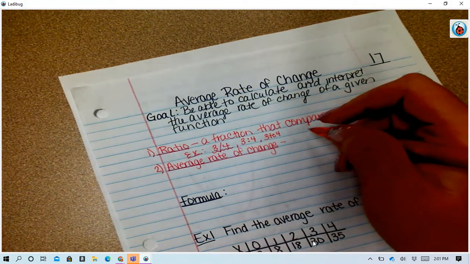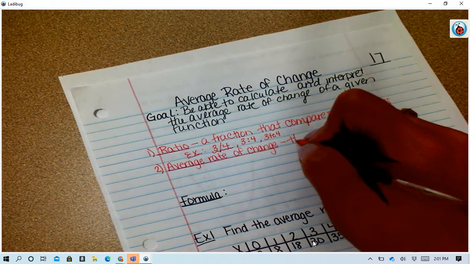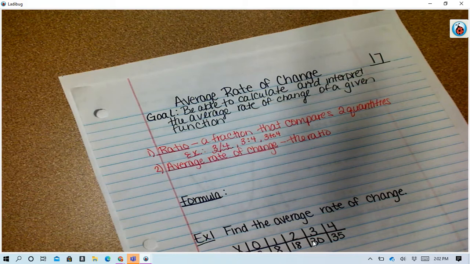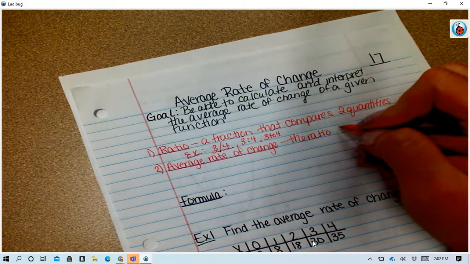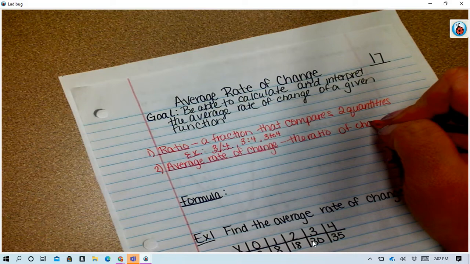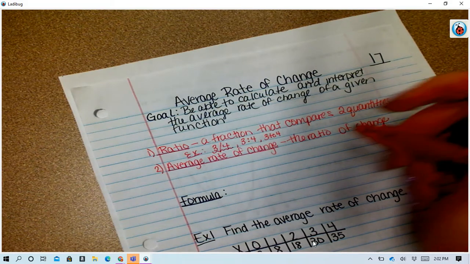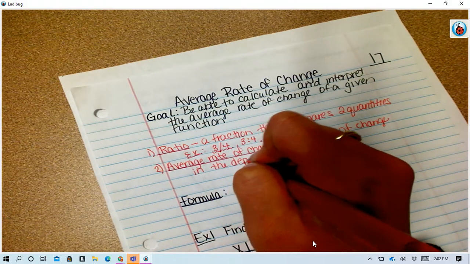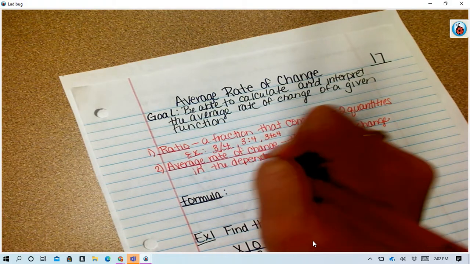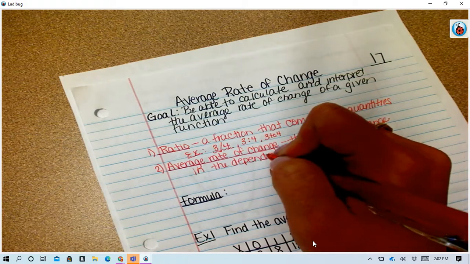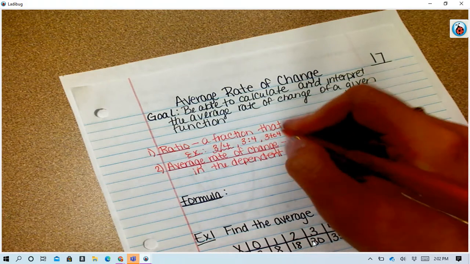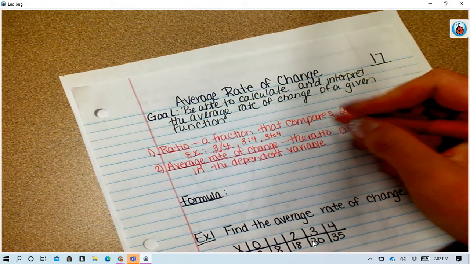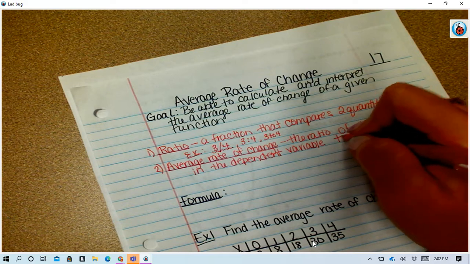Average rate of change is the ratio of change in the dependent variable to the change in the independent variable.